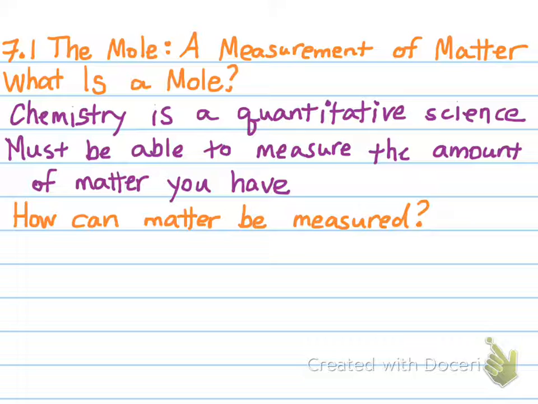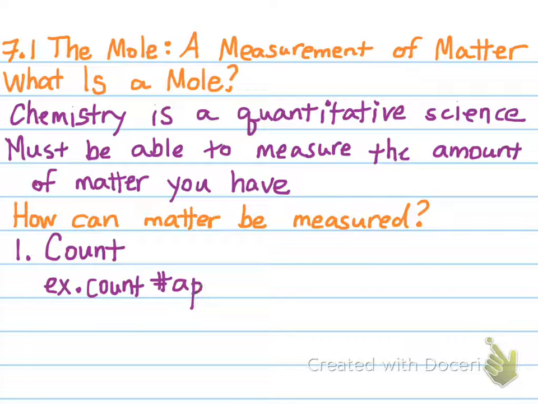So how can matter be measured? We're going to talk about 3 ways that we can measure matter. Our first way, okay, is that we can count. So we can count to determine how much matter we have. Some everyday examples of counting is that we count sometimes the number of apples. So we can buy individual apples at the grocery store.